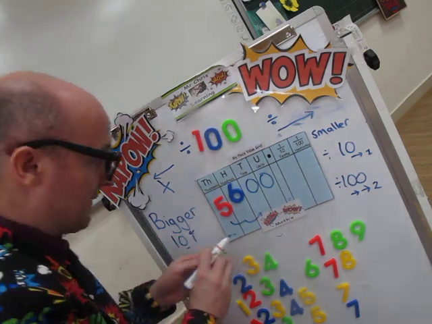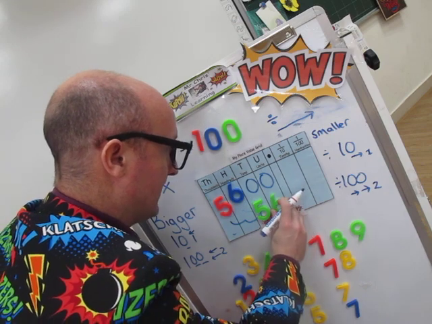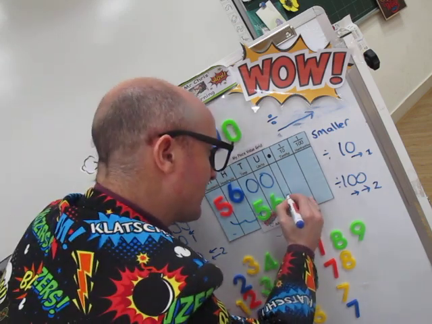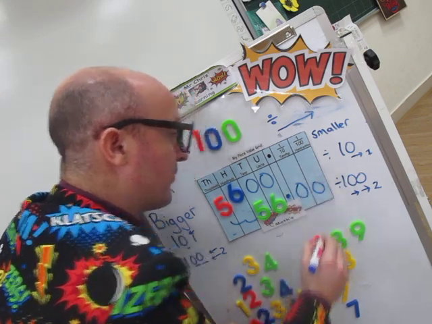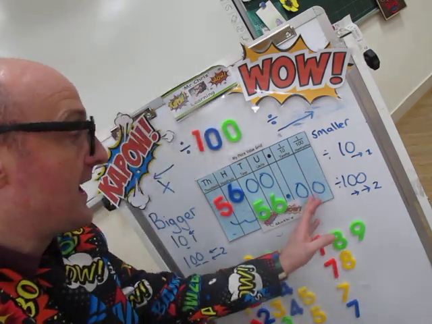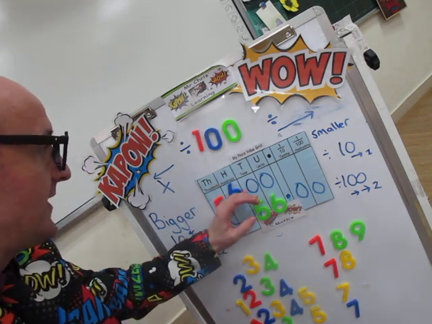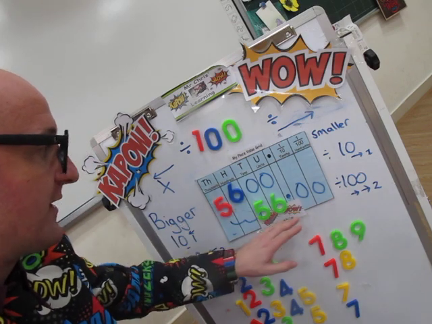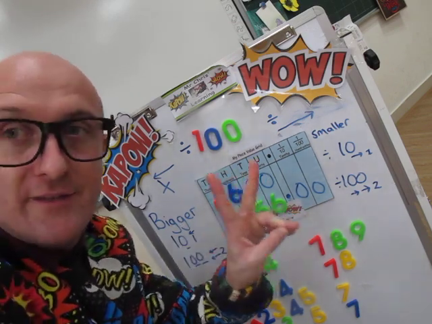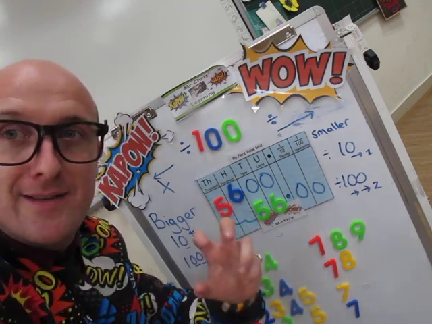What I should have done last time, really. Yeah, 5, 6. Now, don't forget your decimal point because we've got decimal points. Now, we don't really need to put those zeros on because they have no value there now. Okay, so 5,600 divided by 100, we're moving it 2 places, it's 56. So 2 places for the 100. Okay, we'll do a few of these and then we'll do divided by 10s and hundreds.